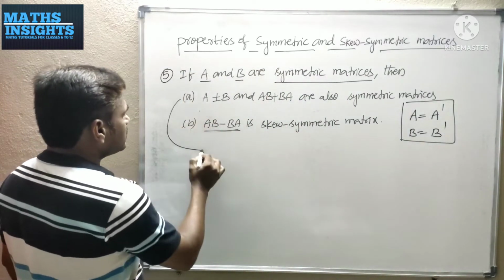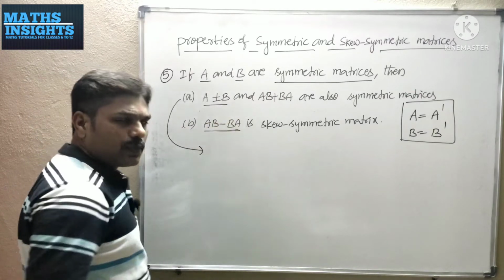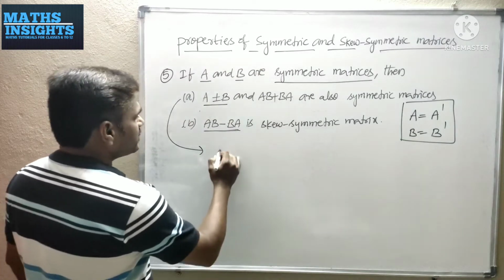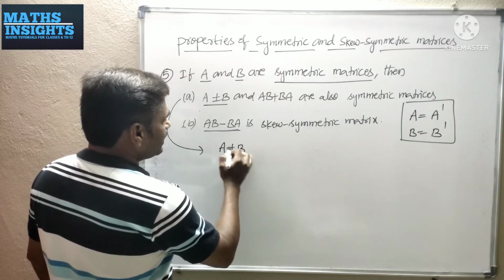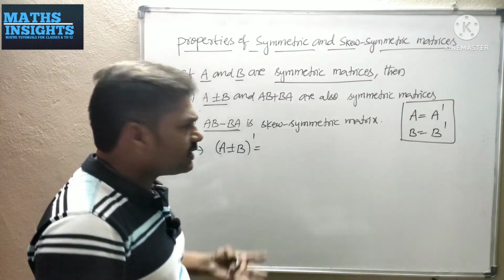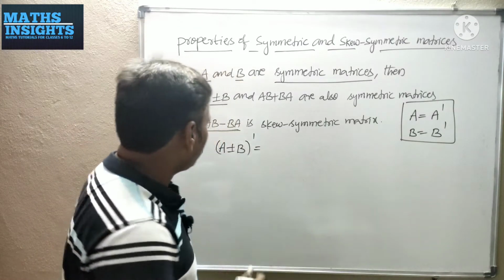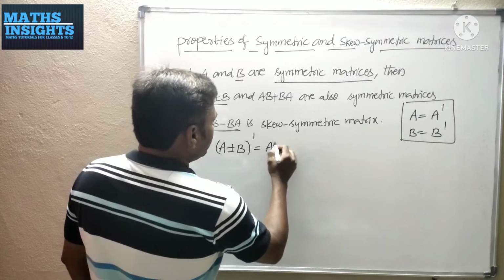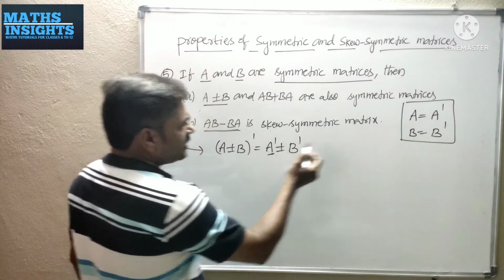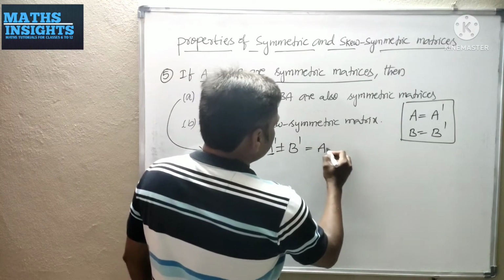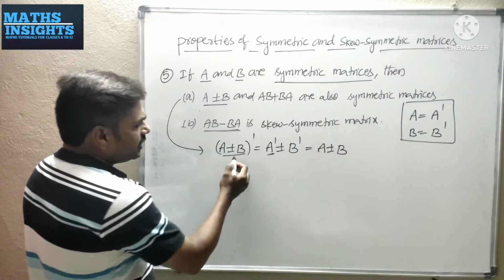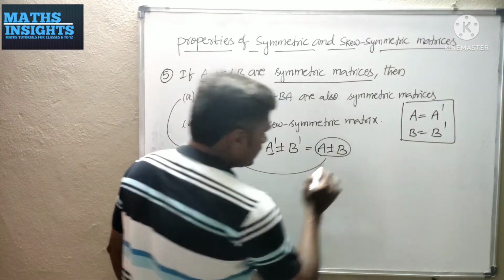The first one is, you have to prove that A plus or minus B is a symmetric matrix, meaning you have to take the transpose for it. And if you get back the same matrix, then that is symmetric, otherwise not. This will become A dash plus or minus B dash. But A dash is equal to A and B dash is equal to B. Whatever the matrix you have taken, you are getting the same matrix again.